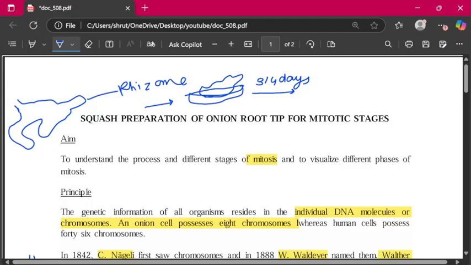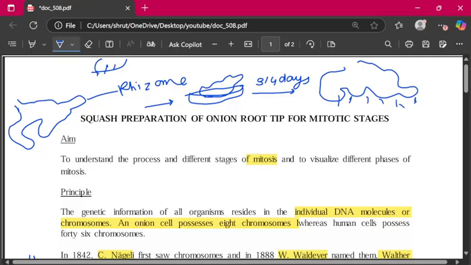So what I was telling you, that for plants like these, onion is not even a question. In onion you simply have to cut the roots, but in some plants like that, you will notice that they have roots as well as root hairs.